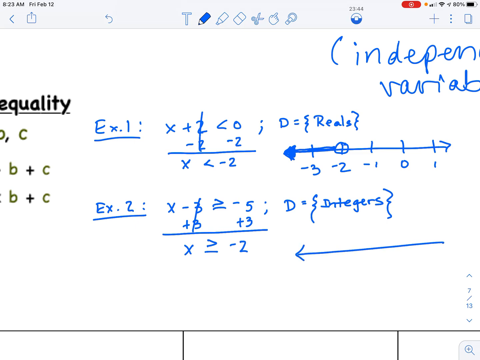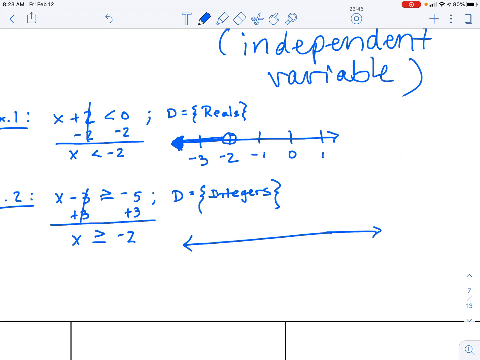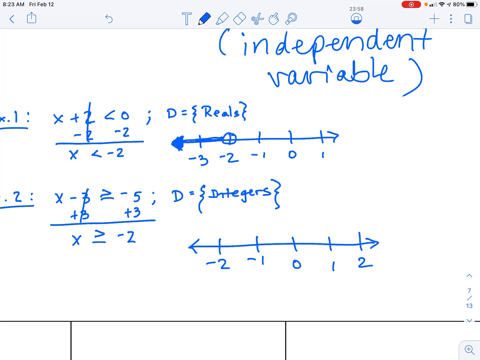Let's do our little graph over here. Oh, mine's a little crooked. I'm going to make it straight. And I'm going to start at negative 2, negative 1, 0, 1, and we'll put a 2 on there. Okay, so let's graph this. So x is greater than or equal to negative 2. So we know it can include negative 2. But remember, we're going to only put dots. Now, it's a closed-in circle.